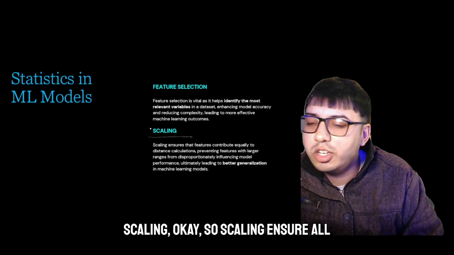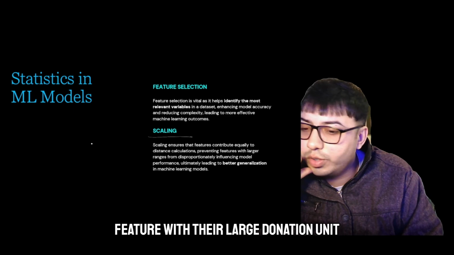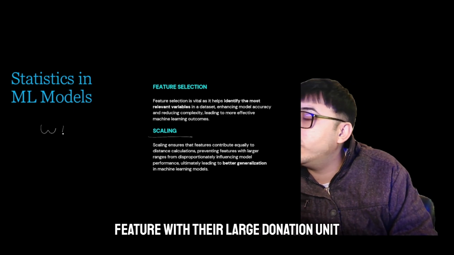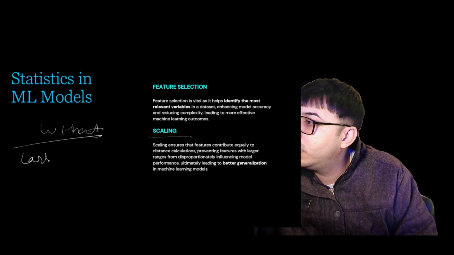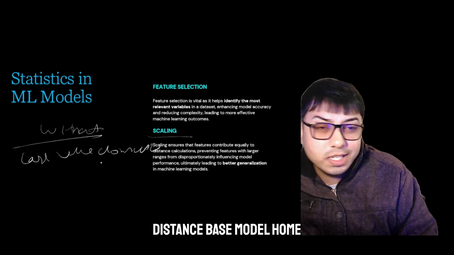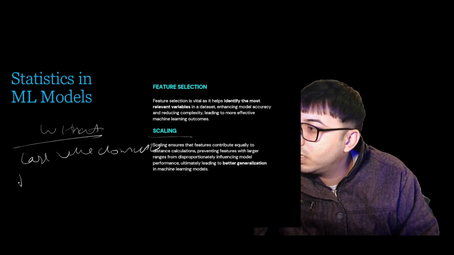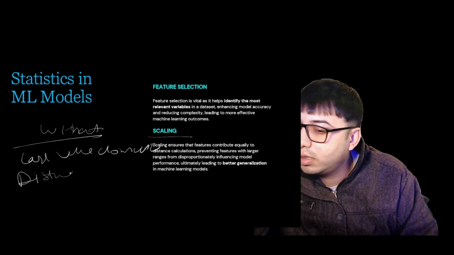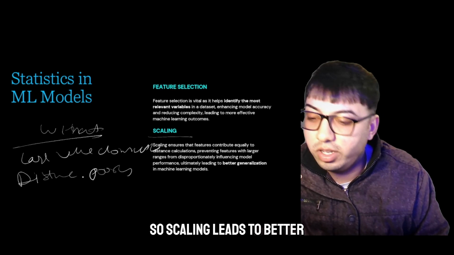scaling. Okay, so scaling ensures all features contribute equally. So without scaling, features with large values dominate, and distance based models perform poorly. So scaling leads to better generalization.